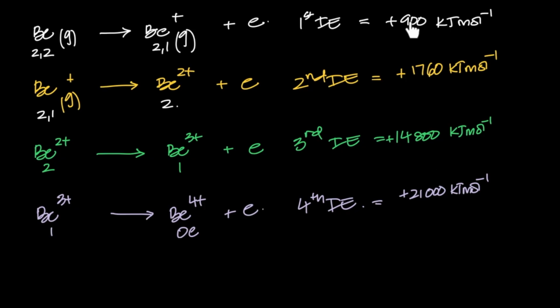I will also explain why the values increase anyway, but let's assume that ionization energy values are going to increase gradually anyway. Even then there's a much larger increase, and what we're going to show you is that it's this much larger increase that is evidence for different shells in an atom. One thing you need to remember, and I will explain why, is that successive ionization energies gradually increase.